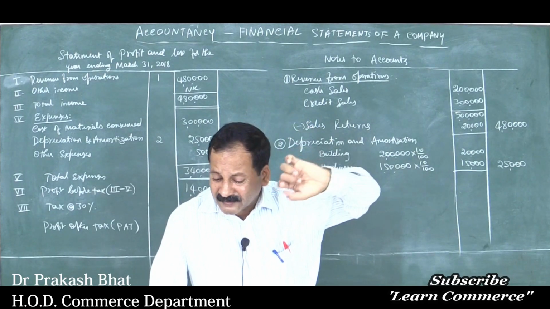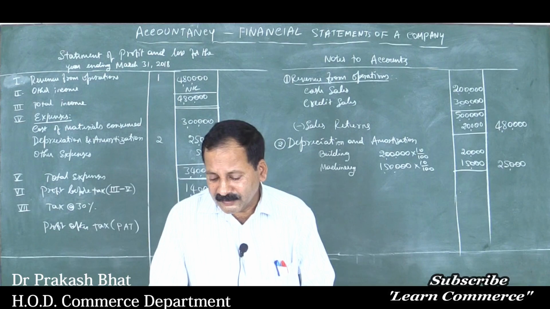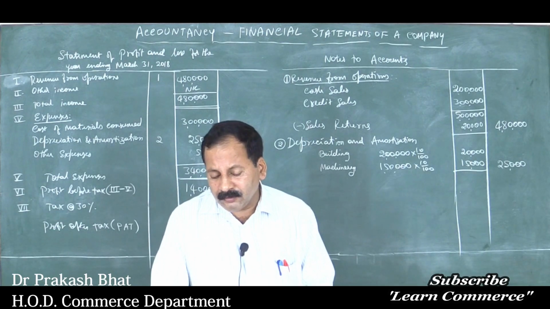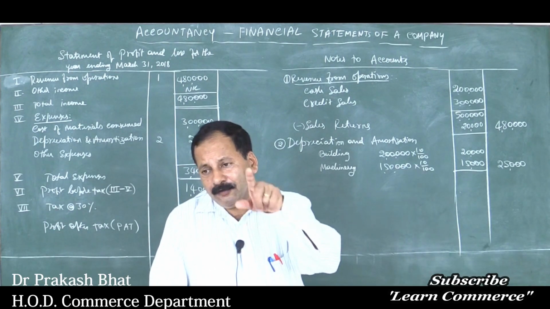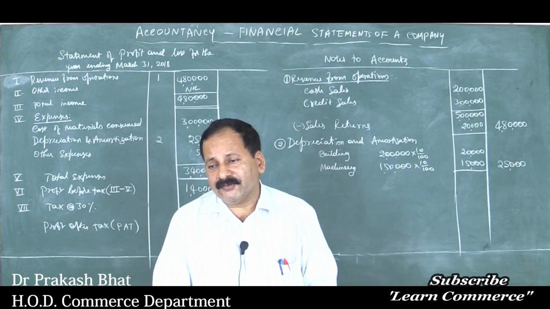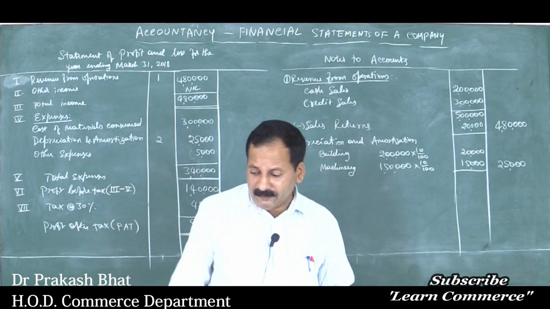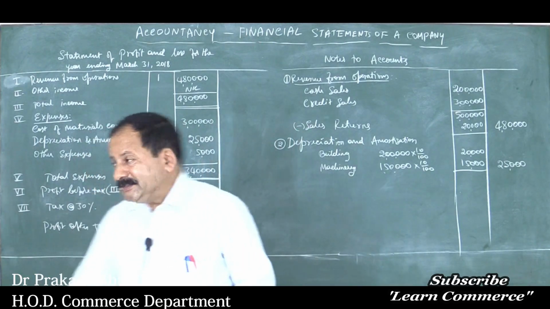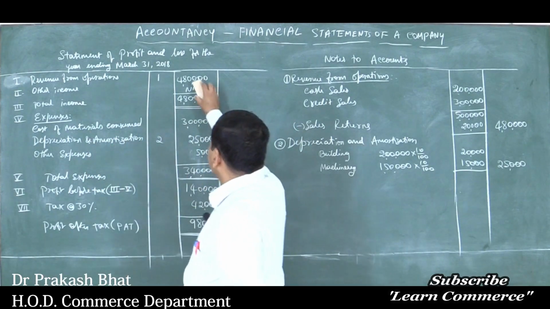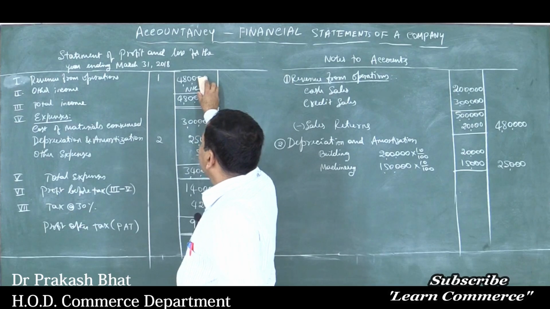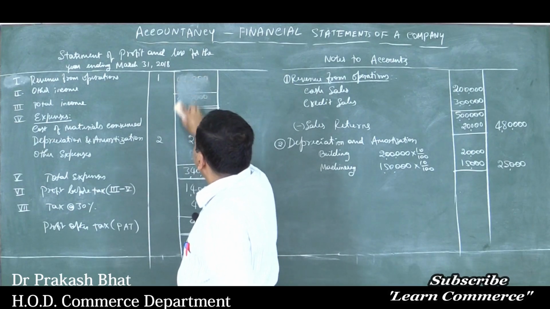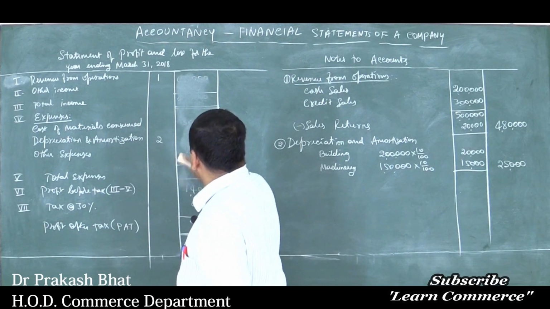We have to prepare a small note for that. Interest on bank loan, no doubt, is a finance cost. Easily we can solve it. I will not erase the entire thing here. I will take up this figure part and change it, that's all.